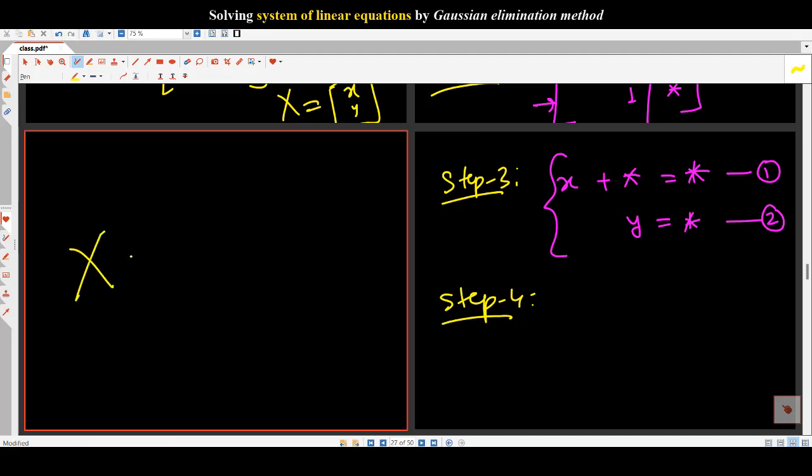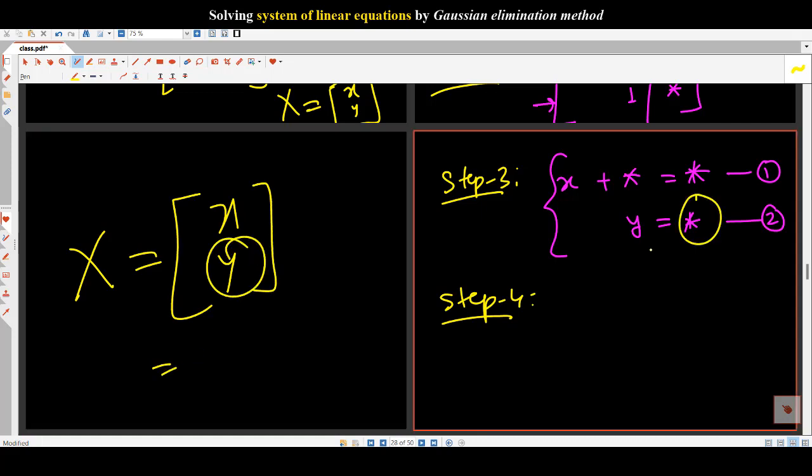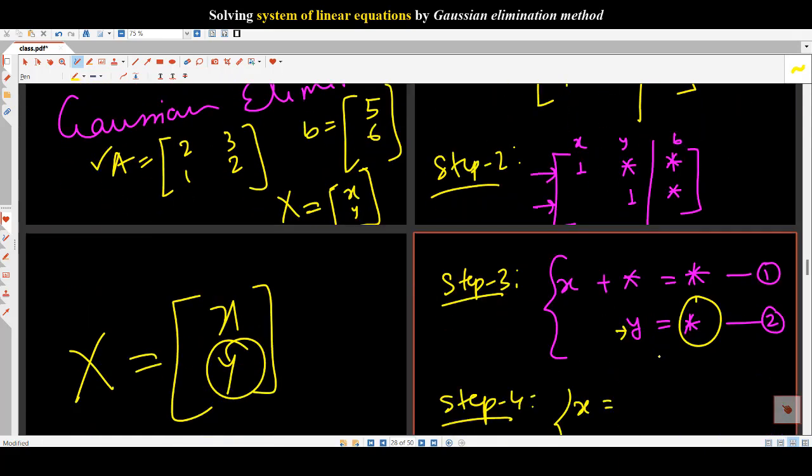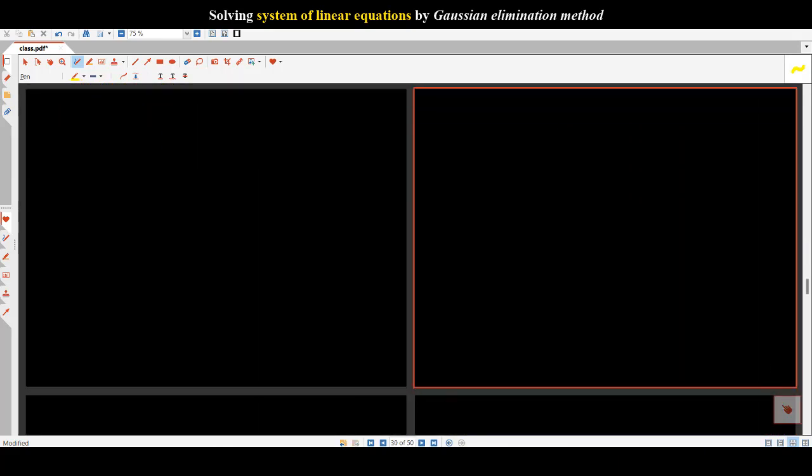Our target is to get the solution x and y. What is x and what is y? You have the value of y already. Y can be plugged in equation 1. You will get x. This is how you will get x value, you will get y value. That means the solution is found. So you may have one solution, you may have many solutions, you may have no solution.